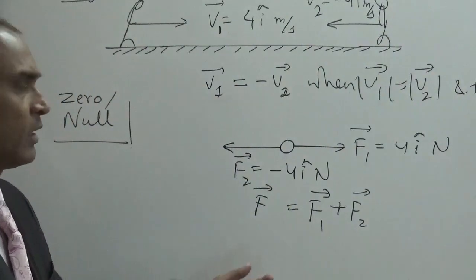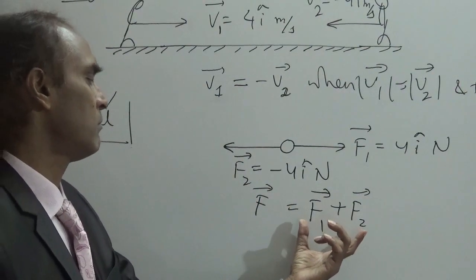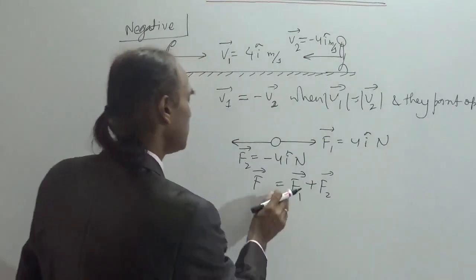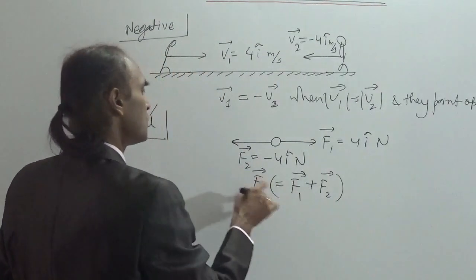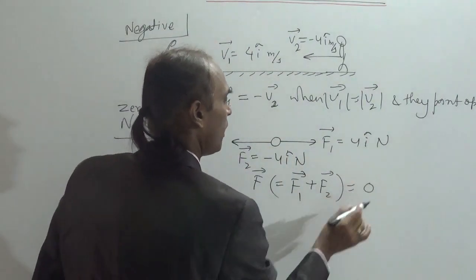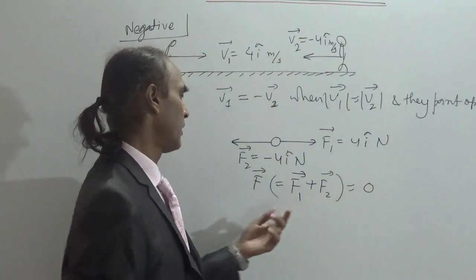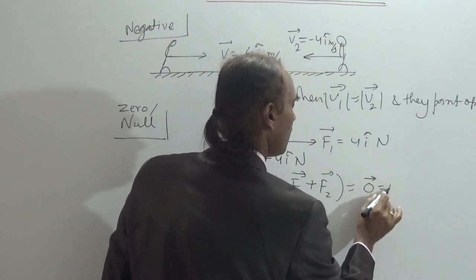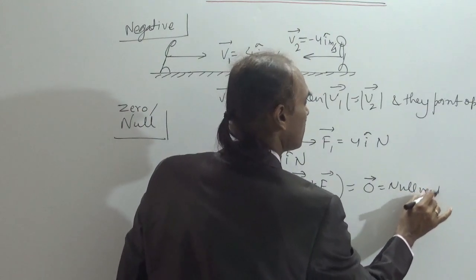This is called addition of vectors, which will be discussed in my next video in detail. So the net force acting on the object is zero, but it's not simple zero. It is a zero vector or null vector.